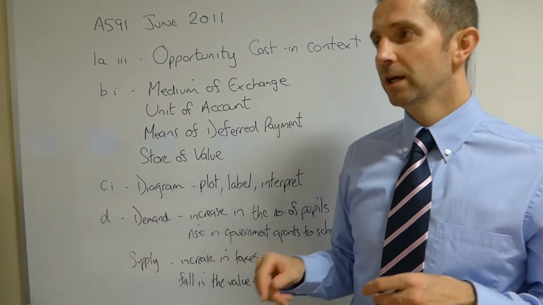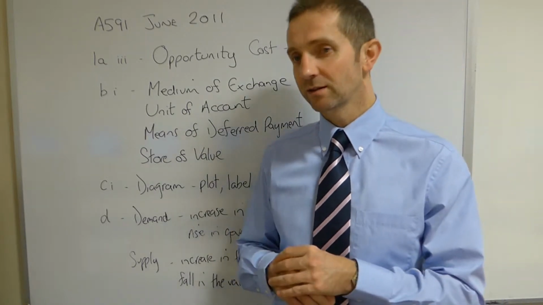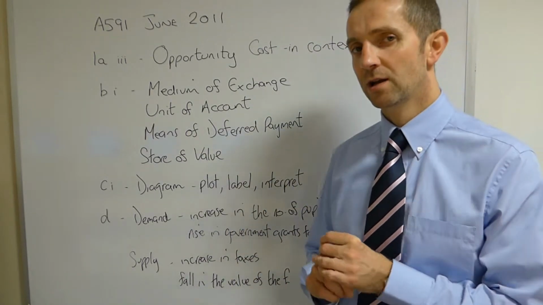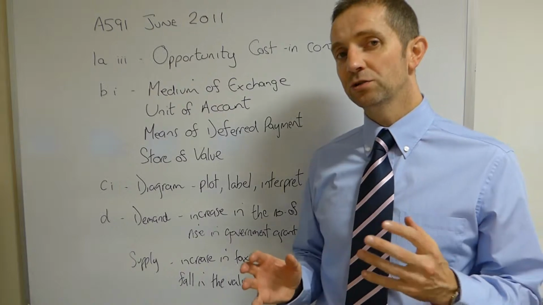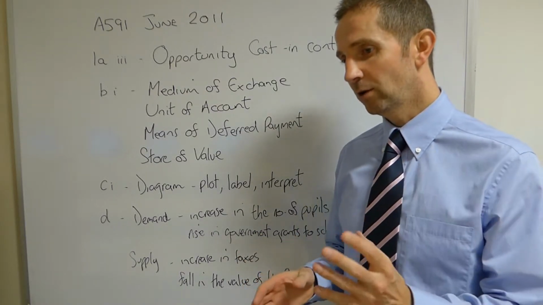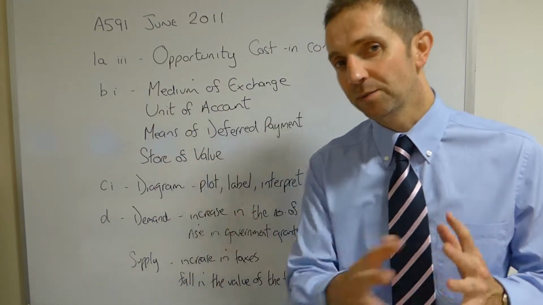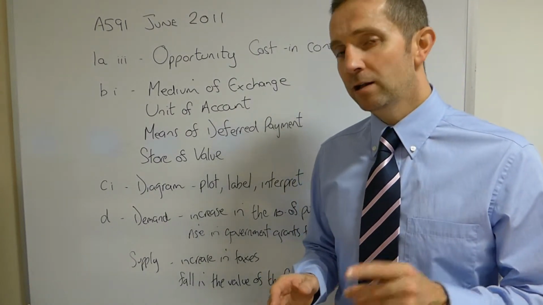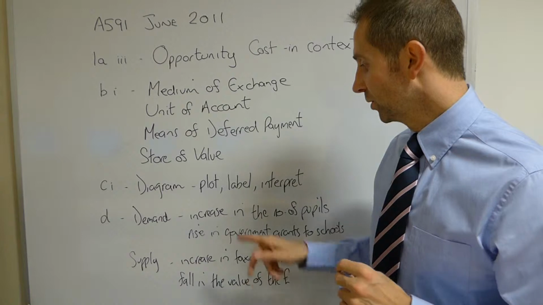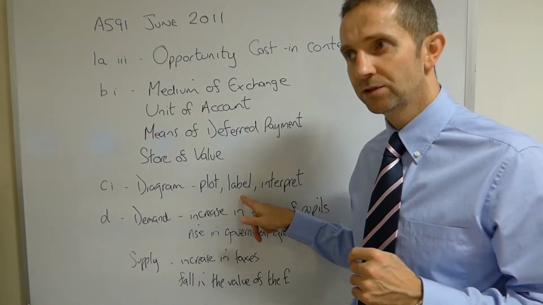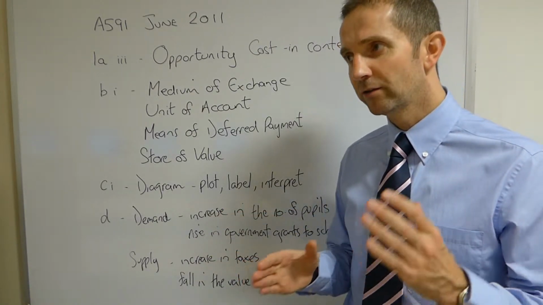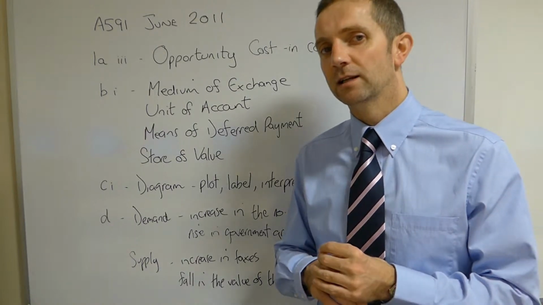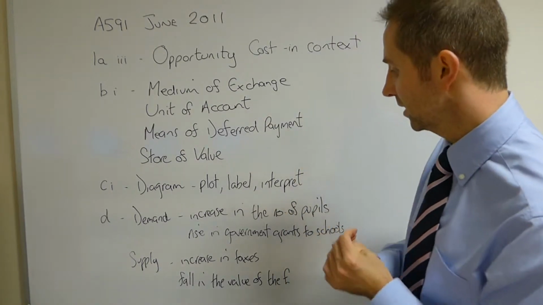C part 1. This is one of the reasons that I picked this paper, because there was a question on it which asked you to use a set of data to plot a demand curve and a supply curve. Most of you were able to do that very well. However, do make sure that you label all the curves. Remember to label the supply curve, label the demand curve, and label the equilibrium price and quantity.